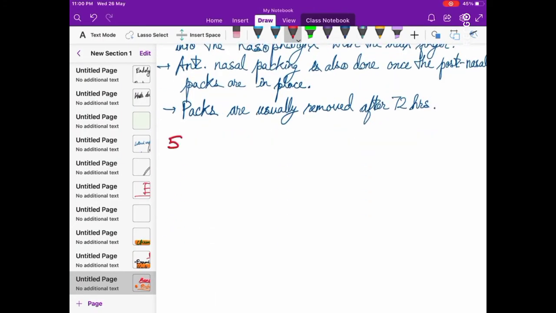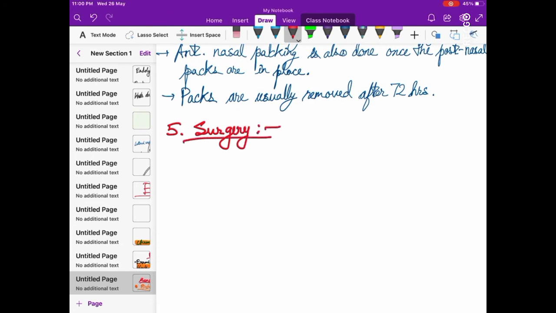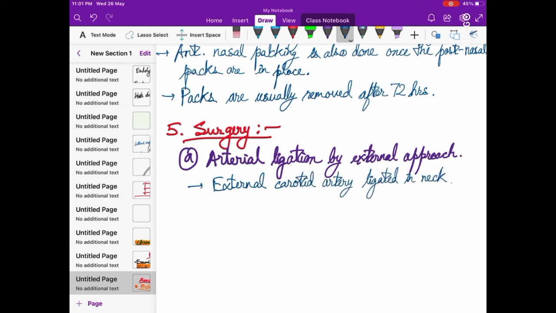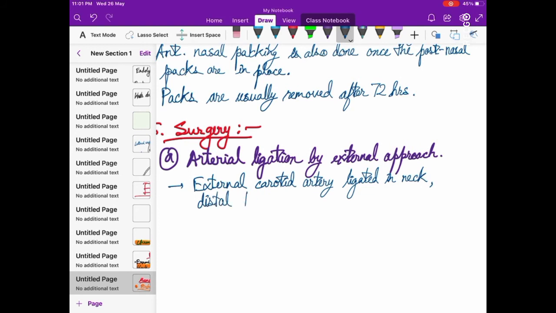Surgery, arterial ligation by external approach. External carotid artery is ligated in the neck, distal to superior thyroid artery.